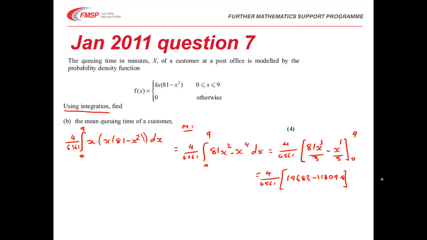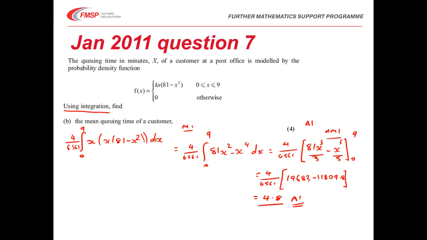Okay, that's by substituting those values in, which will give me a value of 4.8. So there are 4 marks available here. Again, you get M1 A1 for setting it up correctly and attempting an integration. You get a dependent method 1 for substituting in the values, and an A1 for getting the correct answer at the end.